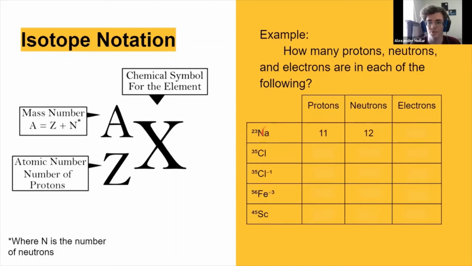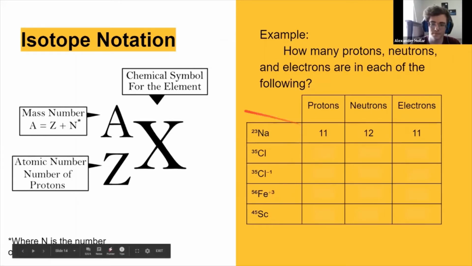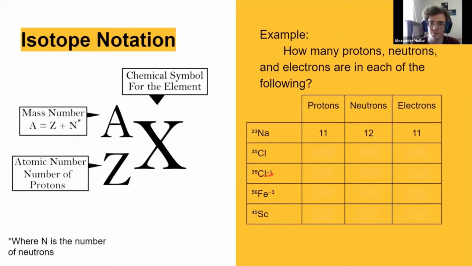And because there is no formal charge on the sodium, the number of electrons must be equal to the number of protons, so that would be 11. Now using that, can you guys do these next 4? Keep in mind that these charges will make the number of protons and electrons different. So watch out for this chlorine and then this iron plus 3.